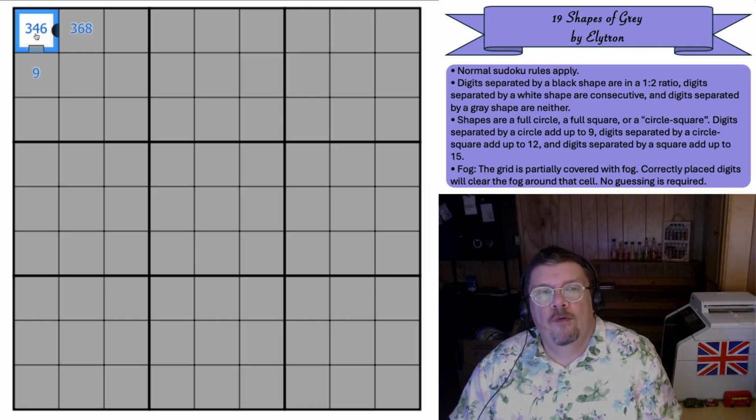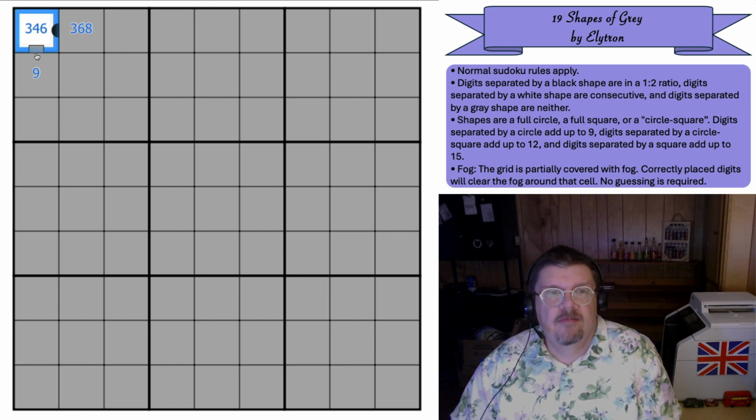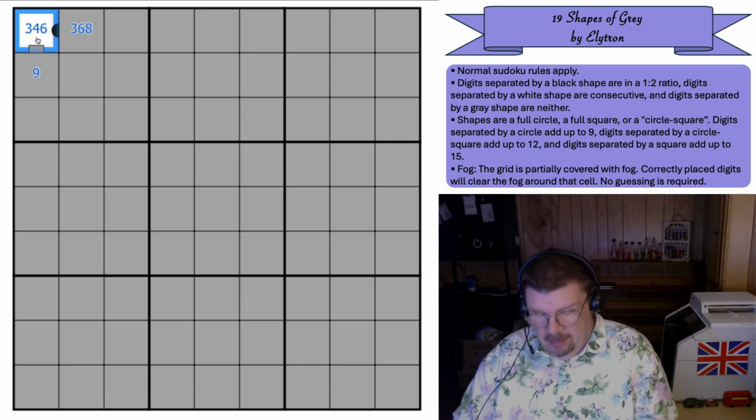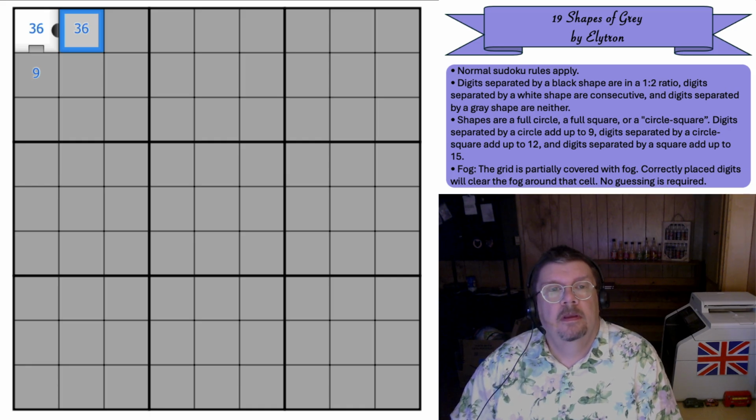If this were 4, I can't add up to 15, can't get high enough, and adding up to 12 would make this 4, 8, but that would be one double the other, which a grey symbol cannot do. So that can't be 4. That makes that a 3, 6 pair. Now if this is a 3, it can't add up to 15, it would have to add up to 12, so this is a 9 either way.